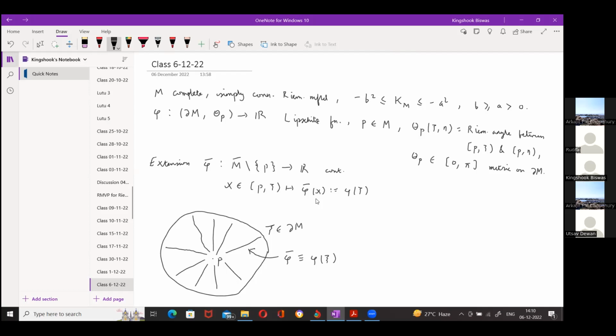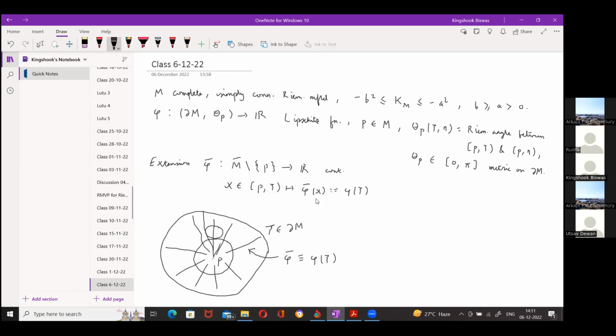And we showed this important estimate. If I'm at a distance rho from P, and I take a small ball which is outside this large ball of radius rho, then what happens in negative curvature is that one can show the angle subtended by this small ball at the origin is small.